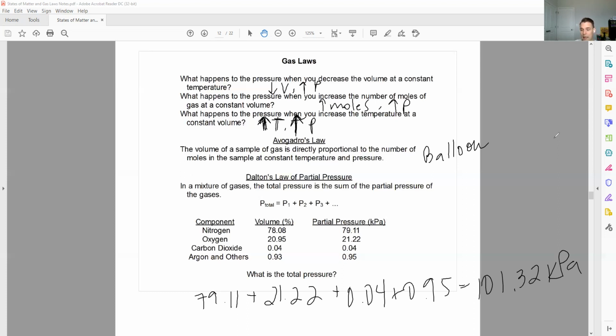I just add them up and I get 101.32 kilopascals, which is the atmosphere. So this is the composition of the atmosphere. All right, simple, very simple.